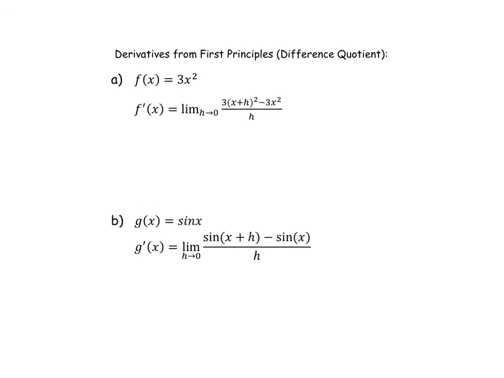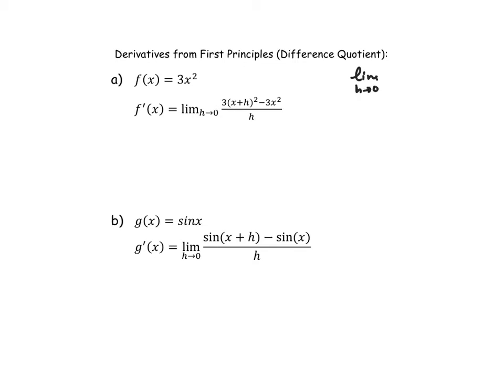All right, so let's talk about first principles. Right, first principle is also known as the difference quotient. Right, so the derivative of any function can be written as the limit as h approaches 0 of f of x plus h minus f of x. So let's do this. I'll rewrite it up here.